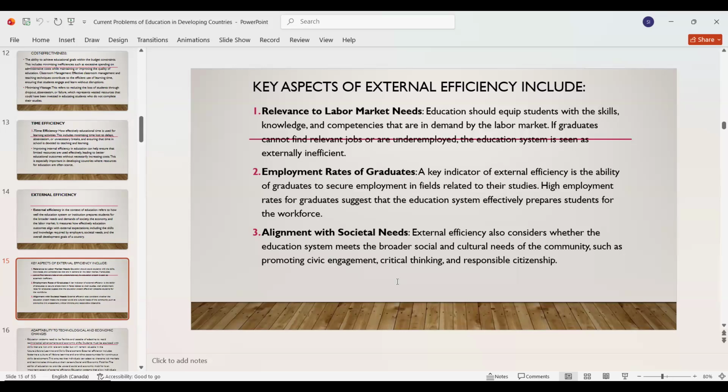So education should equip students with the skills, knowledge, and competencies that are in demand in the labor market, the job market. So if graduates cannot find relevant jobs or are underemployed, the education system is seen as externally inefficient.